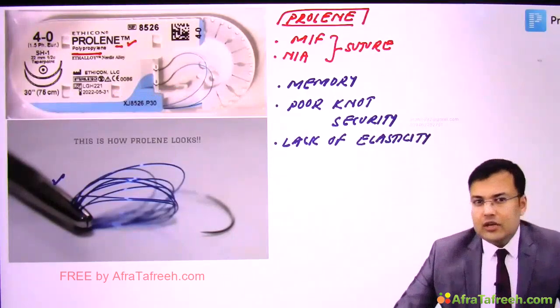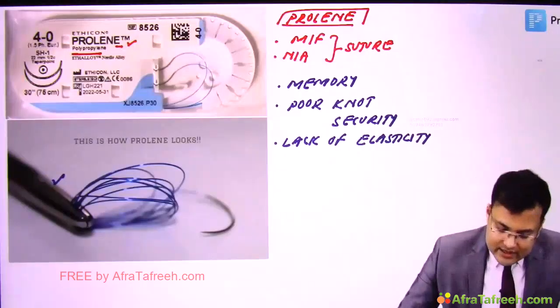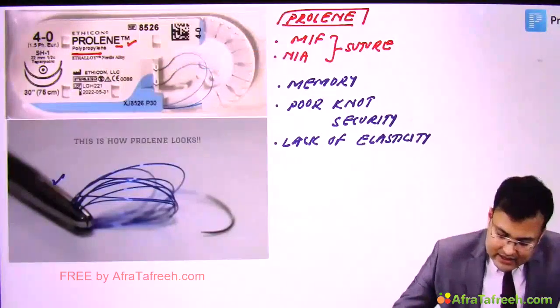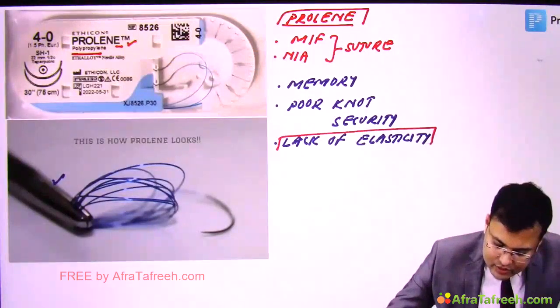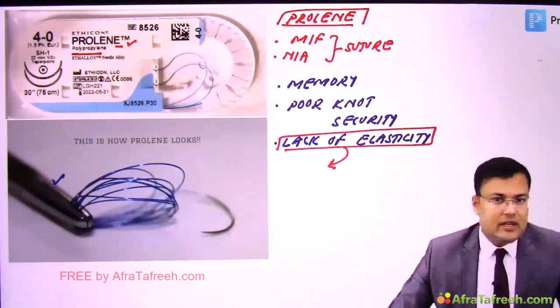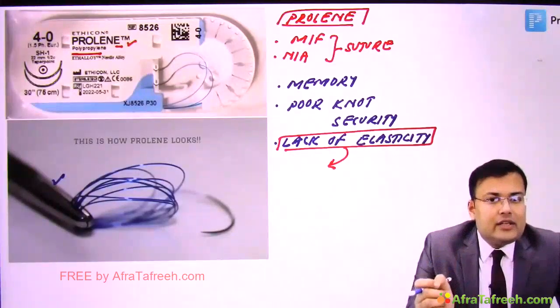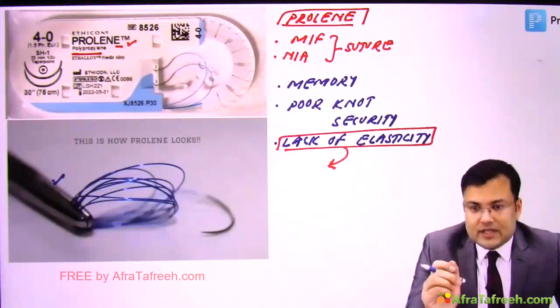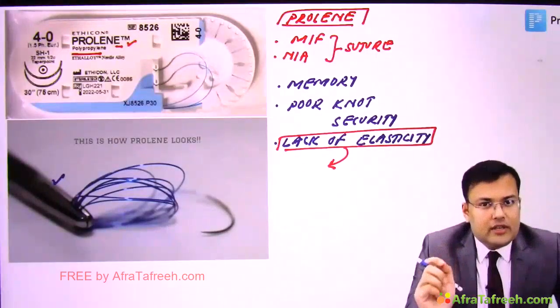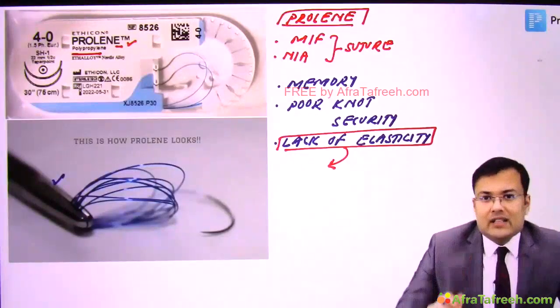But we want to convert disadvantages into advantages, right? Since there is lack of elasticity, we can use this suture for airtight anastomosis, and airtight anastomosis is required in vascular anastomosis. So this suture is used for vascular anastomosis, and this question was asked in NEET.